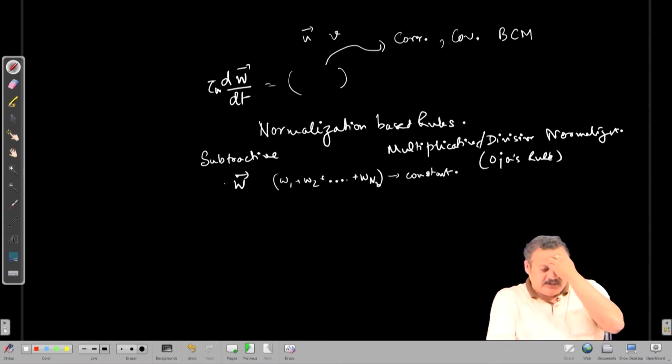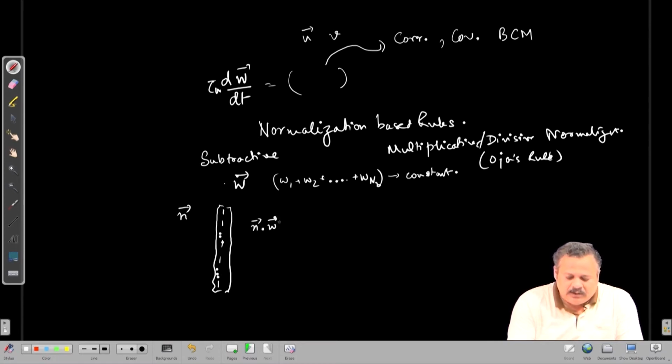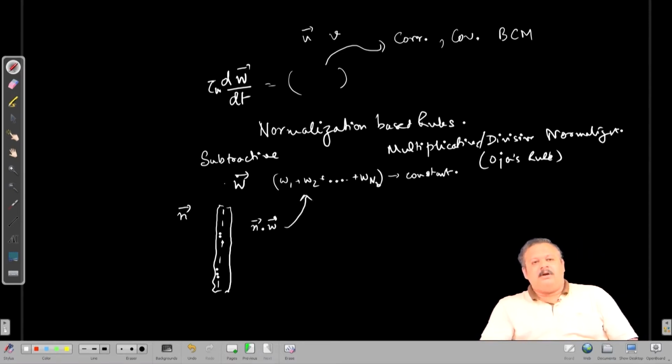So, in other words, if we define a vector n where all elements are unity, then n dot w is this sum, the dot product of n and w.